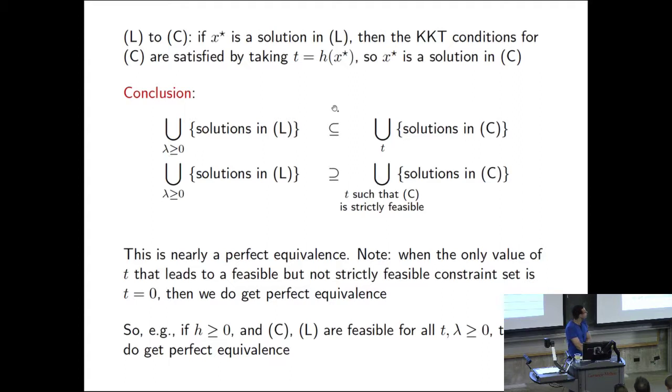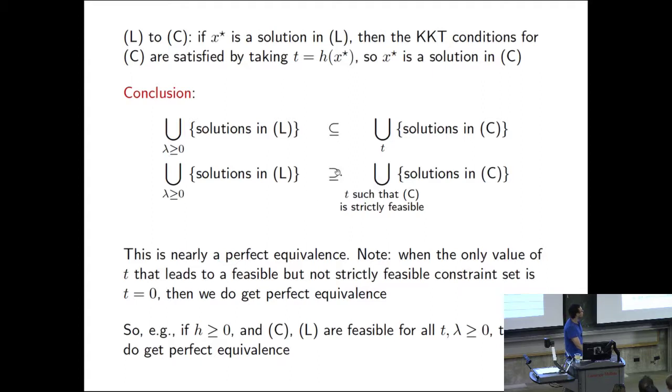Okay, so what was the conclusion? We just showed that all solutions in L, no matter what value of lambda, are solutions in the constrained problem C for some value of t. So the space of all solutions over all lambda is contained in all solutions over all t for the constrained problem.